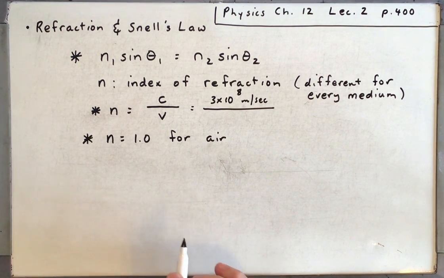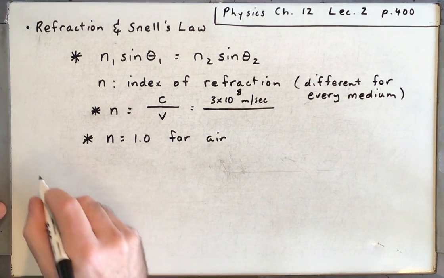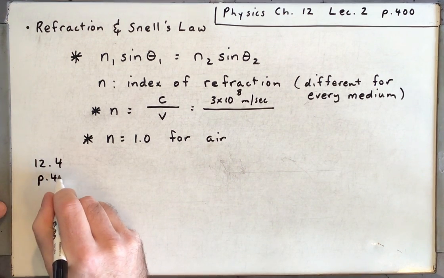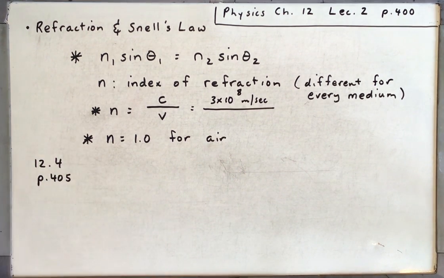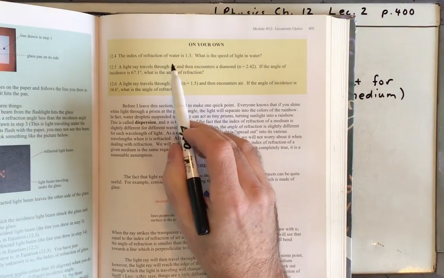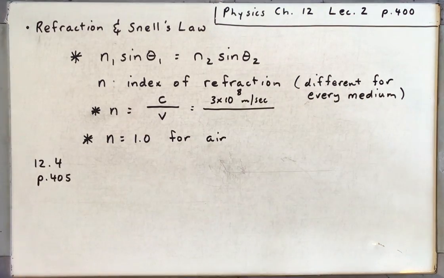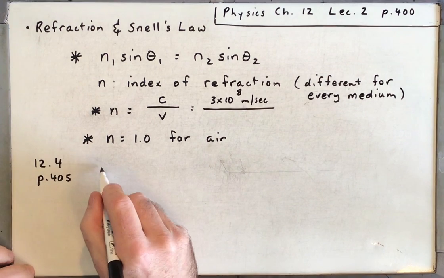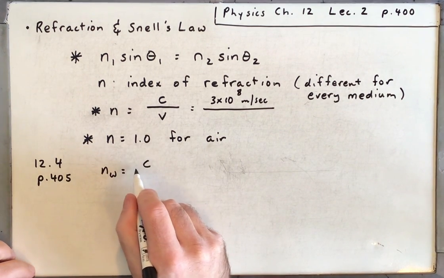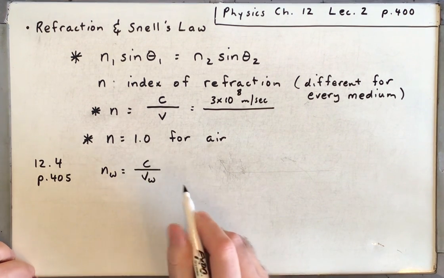All right, let's look at on your own problem 12.4 on page 405. Okay, that problem reads, the index of refraction for water is 1.3. What is the speed of light in water? All right, so we'd have N for water is equal to the speed of light in air over the velocity of light in water.